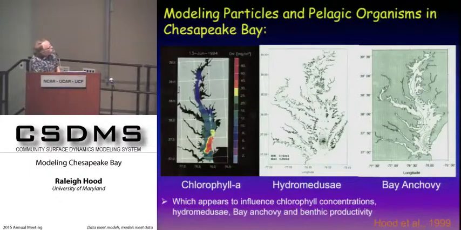And you even see accumulations of bay anchovy, probably a behavioral response. It's probably that these little fish are swimming to that region because there's a lot of food there. And we also know, based upon benthic studies, that this is a region of exceptionally high benthic productivity in Chesapeake Bay because stuff is coming there, it's getting trapped, and ultimately raining out and feeding the benthos. So anyway, that was the early study that started a lot of subsequent work.